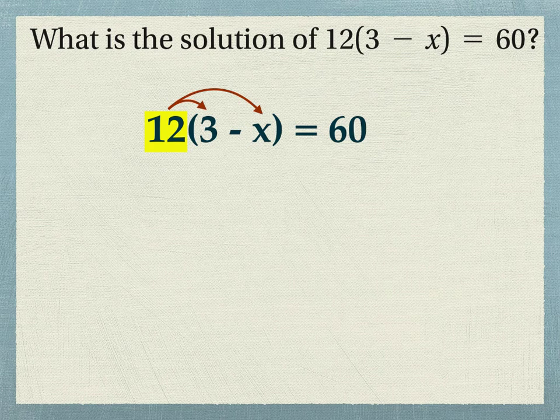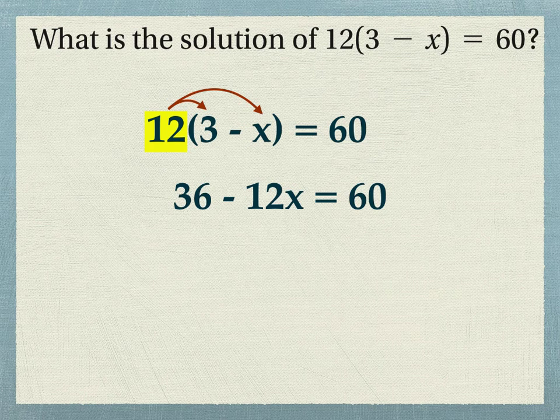Well, 12 times 3 is 36. And 12 times a negative 1x, or a negative x, is going to give you negative 12x. So again, we multiplied 3 times 12 to get 36. We multiplied the negative x times the positive 12 to get a negative 12x. And notice I do not distribute to the equals 60 because it was not inside of the parentheses, so you just bring that down.